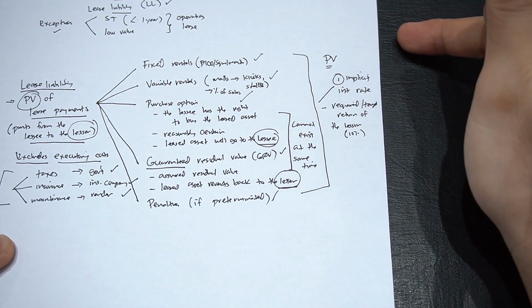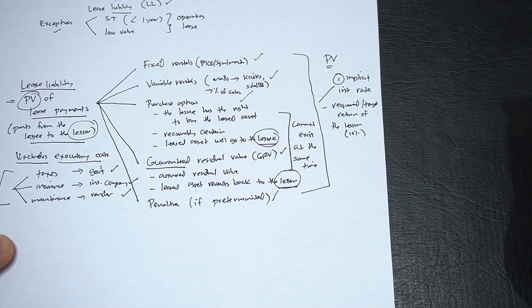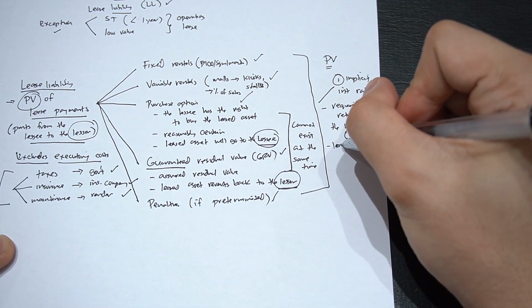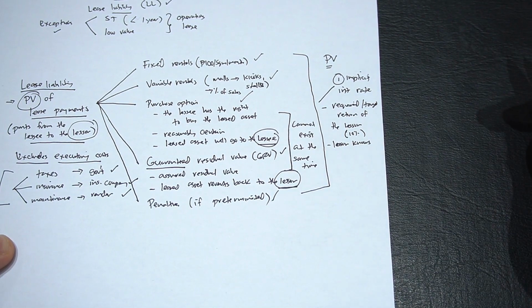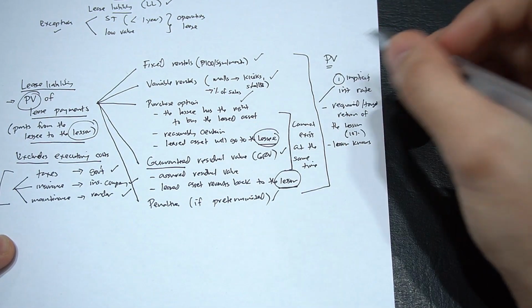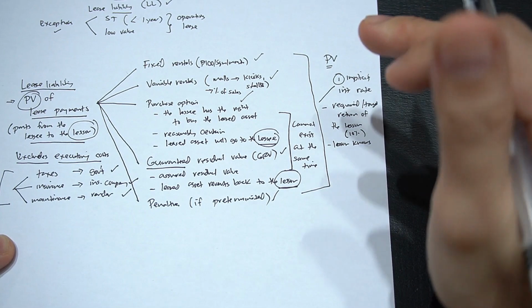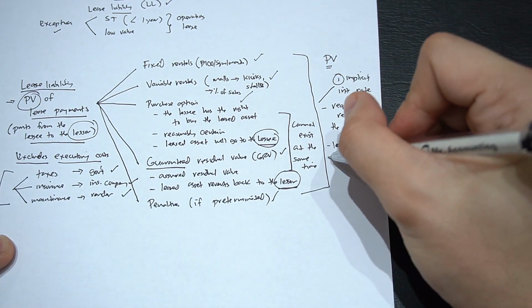Yun yung target return niya. Yun yung target na kitain niya sa kontrata nyo dalawa. Got it? So, ibig sabihin, lessor knows kung ano yung implicit interest rate. Got it? Kasi yun yung target return niya. So, ibig sabihin, class, kaya number 1 yan. Okay, may hierarchy. Kapag given yan, implicit interest rate, yun yung gagamitin mo pang present value, pang discount. Basically, it's the effective rate.